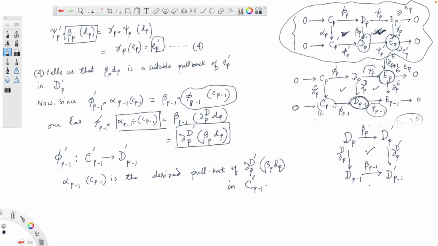When this element is acted upon by phi prime_{p-1}, we get del_p d prime beta_p d_p, which is an element in D prime_{p-1}. So it is in this sense that the desired pullback of this element in D prime_{p-1} is alpha_{p-1} c_{p-1} in C prime_{p-1}. Okay, good.